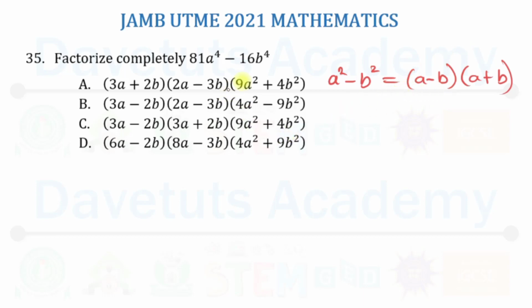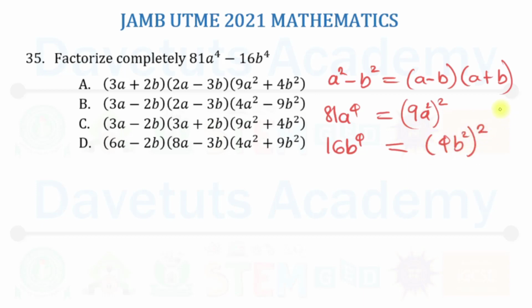So to bring that into play here, look at 81a4 and 16b4. This is the same as 9a raised to power 2, because 9 times 9 is 81, and a square raised to power 2 is a4. Then 16b4 is also 4b square raised to power 2.